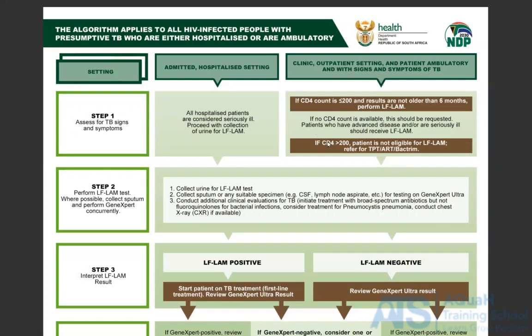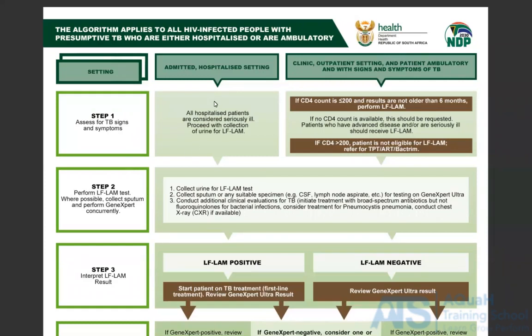And if the CD4 count is high, these patients are not eligible for a LAM test. If they do have TB symptoms, you might need to collect sputum for your GeneXpert test, or even consider them for the other treatments and prophylaxis as needed, right?